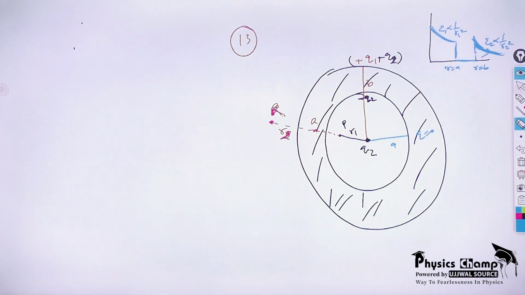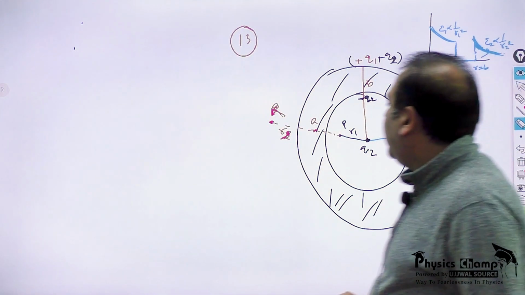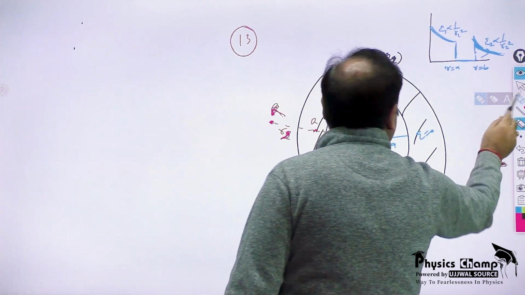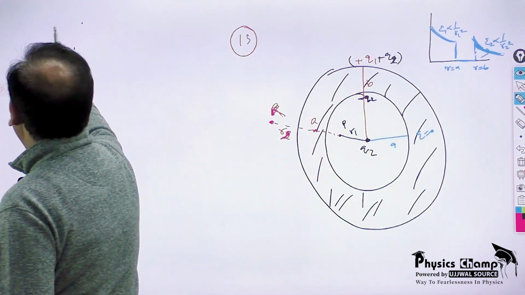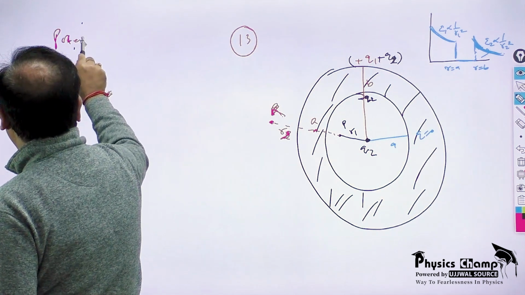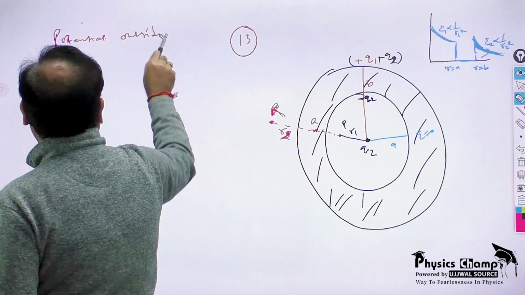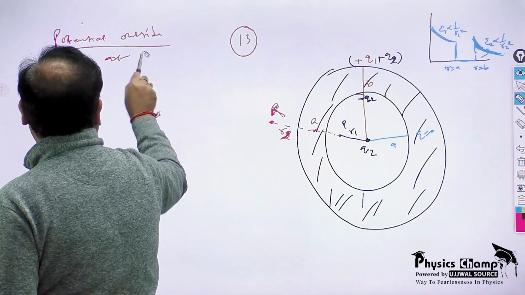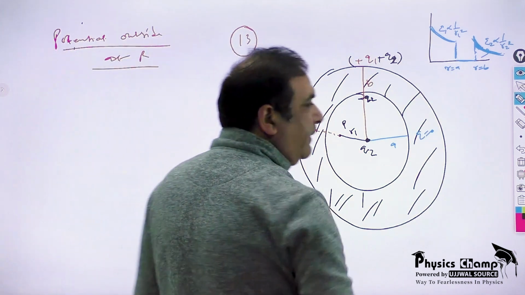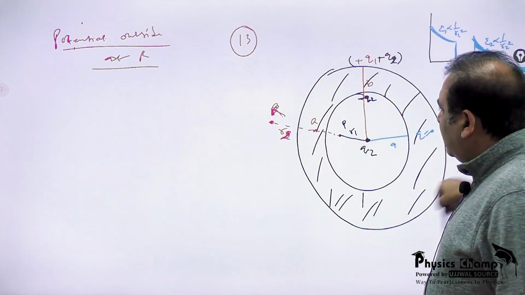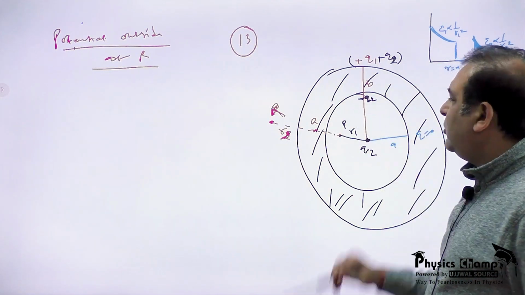So let's talk of potential at R, outside. For the potential at R, the whole system will behave as though the whole charge is situated at the center.